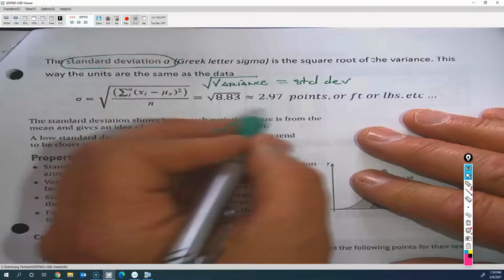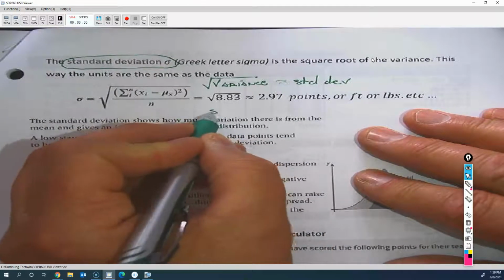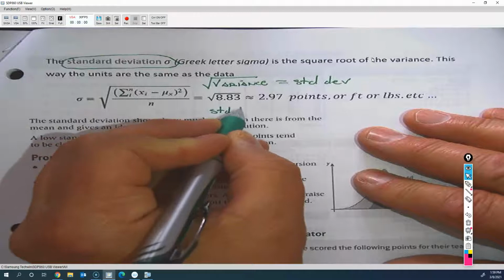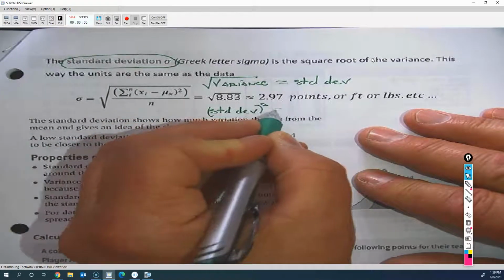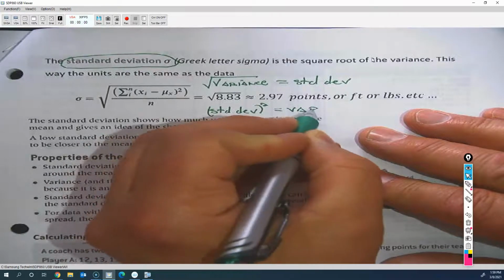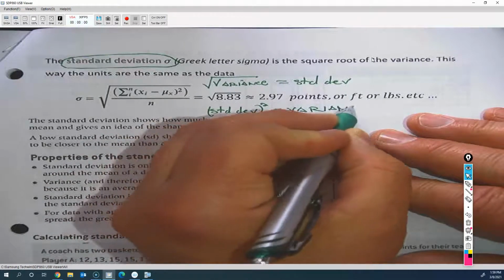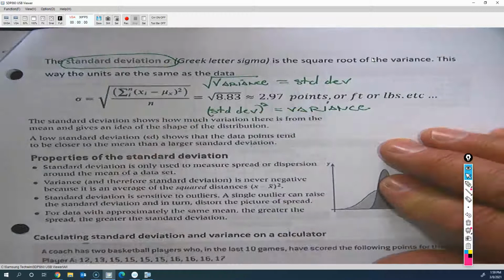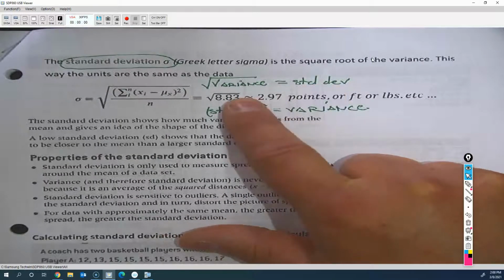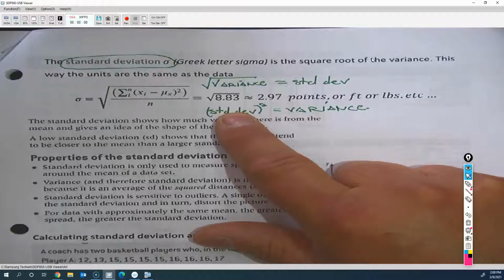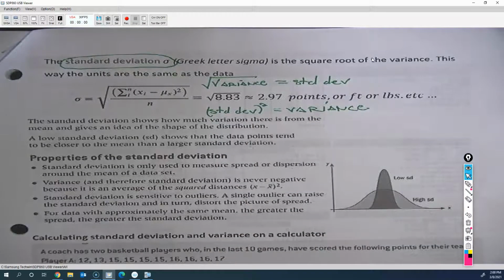Or, if you take the standard deviation and you square it, you're going to get the variance. Square root the variance, you get the standard deviation. Square the standard deviation, you get the variance.